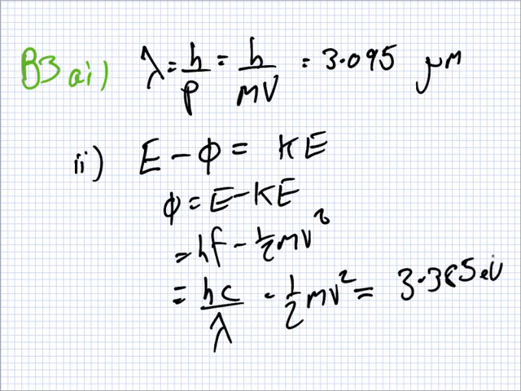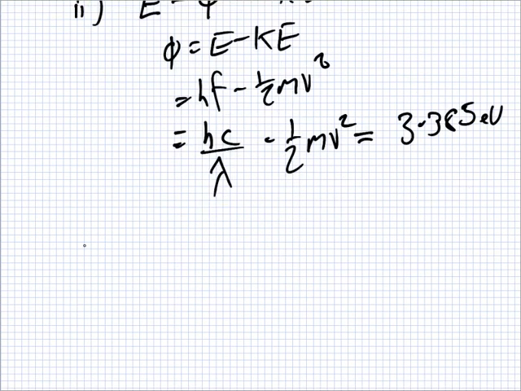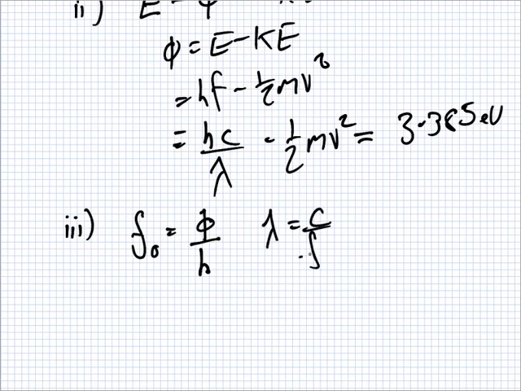Okay, that was fine. And then part 3, first we had to get the threshold frequency, which was the work function over h. Then the wavelength is c over f.